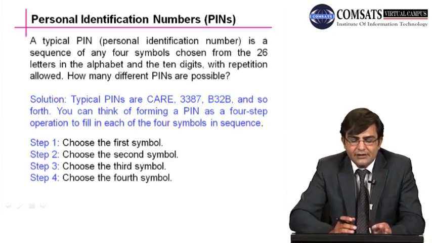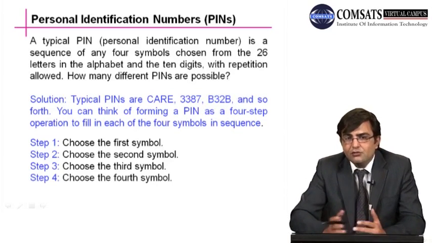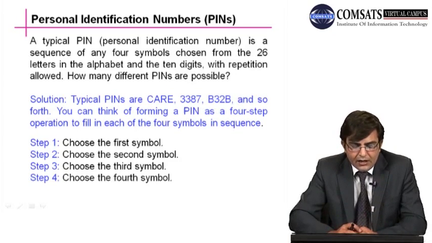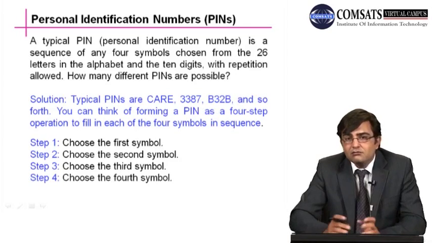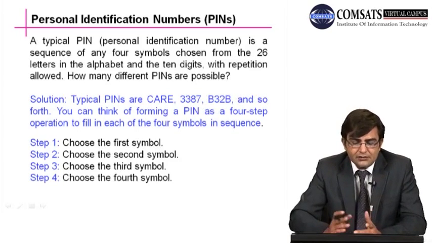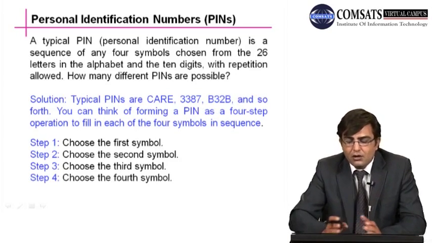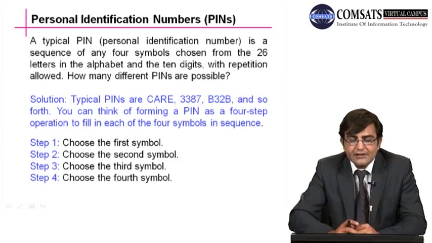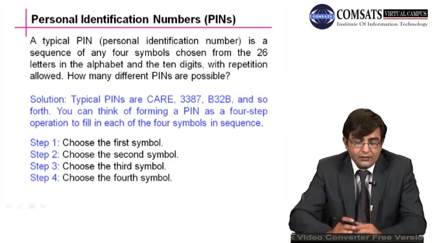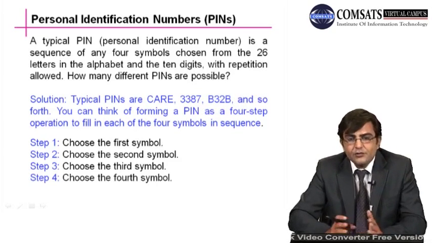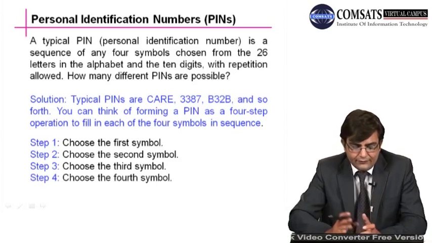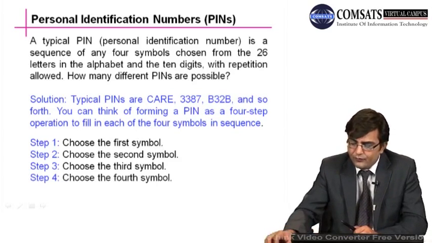The first symbol could be 0, 1, 2, 3, anything. Then, for the second step, you choose the second symbol. It could be any one of the 36 characters which you have fixed to choose a PIN. At the third step, you choose the third symbol. At the fourth step, you choose the fourth symbol.